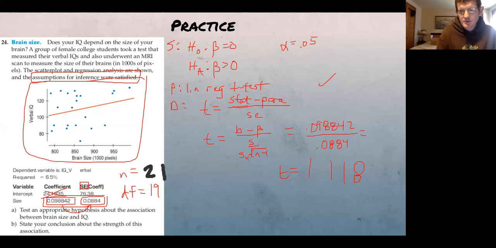You can keep writing out that number as far as you care to, but 1.118 is a good amount of precision. And there we go.